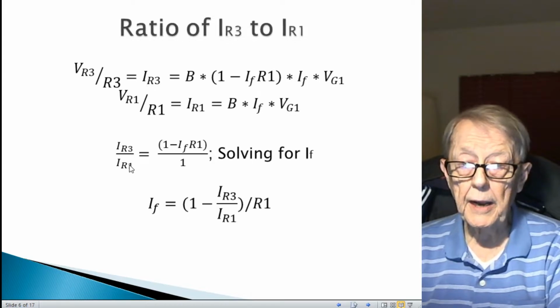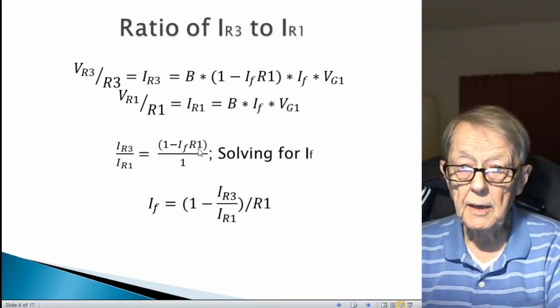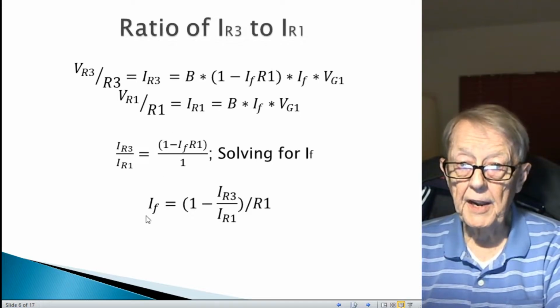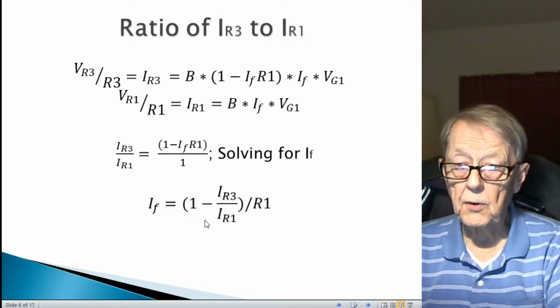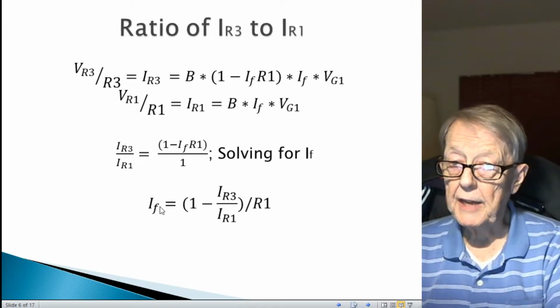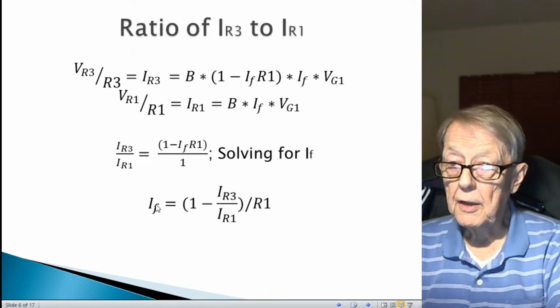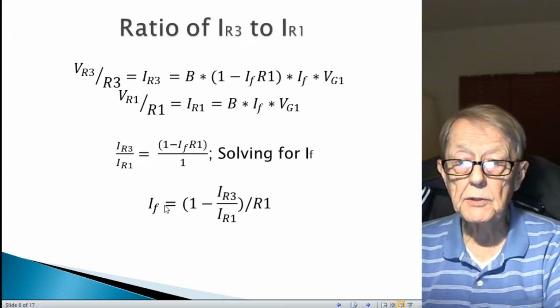I know IR1, again, I measured and calculated. I know R1. So I can find IF by reorganizing this into this form. This is what I did to find I sub F for the 2-resistor circuit and the 3-resistor circuit.